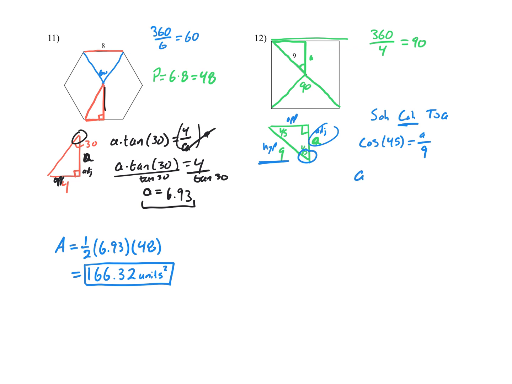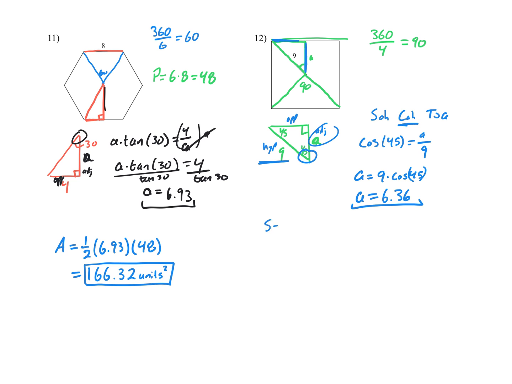So that apothem that I'm looking for is going to be 9 times cosine of 45. Plugging that in my calculator, I get 6.36. So that's my apothem. And then the cool thing is that notice, since it's a 45-45, this length and this length will be the same.